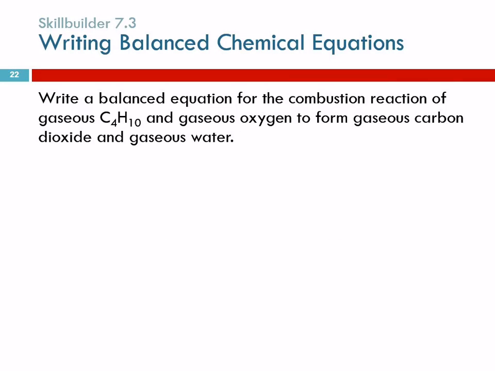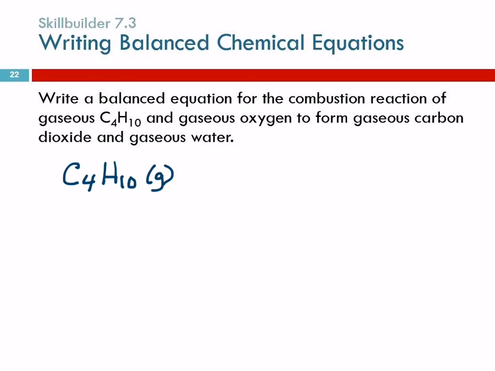Let's do another one. Write a balanced equation for the combustion reaction of gaseous C4H10 and gaseous oxygen to form gaseous carbon dioxide and gaseous water. Well, the first reactant is given to us, C4H10. And I'm going to write (g) in parentheses because it told me it was a gas.